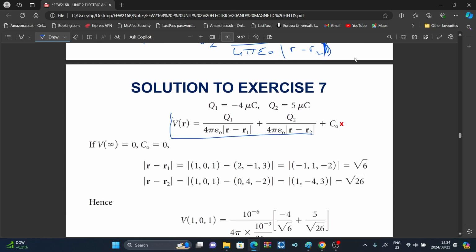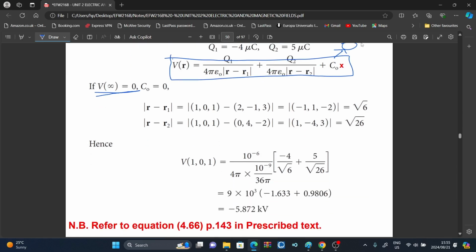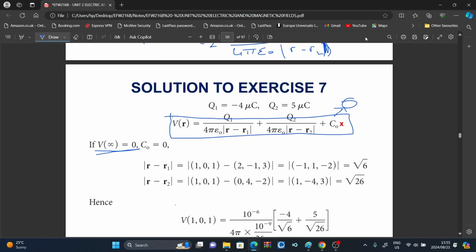They use this formula, and as you can see, we have here C0, or you can say our potential at 0, or our initial condition, which is also 0, as I said, because of this condition where our voltage at infinity is 0. Then that becomes 0 also. Then from there it's very simple to calculate, so I won't go further on this. I hope you do understand this part.